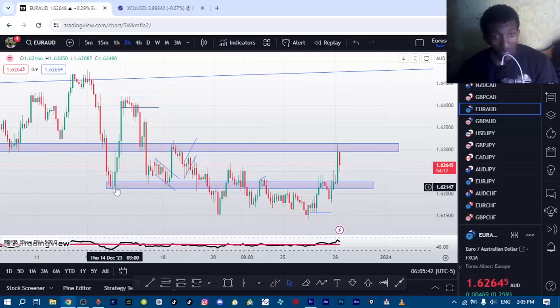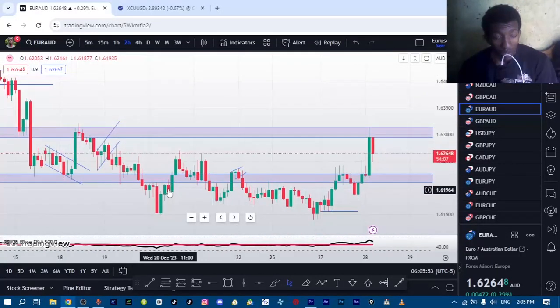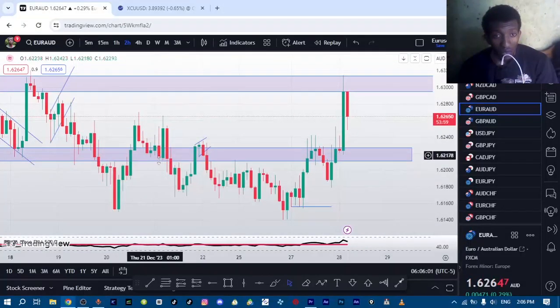So in this case we had 2, 3, and we had another. If you had sold this by using a break and retest, this would have failed because the price just went bursting up, rallied up. So in this case it failed. Here we got until here, but it failed again.